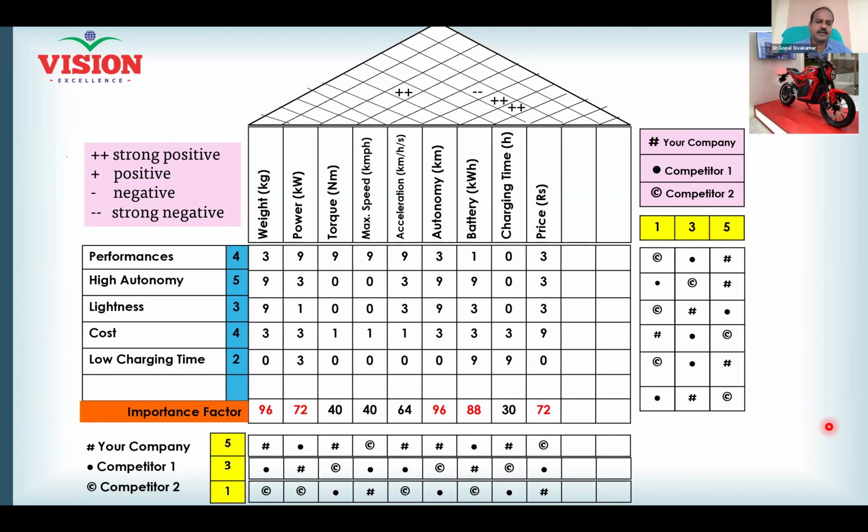I want you to give a rating for that on a 5-point scale. Having this extra evening class, on a 5-point scale, what do you want to give? 1 or 3 or 5? 5. That means you all need such classes.